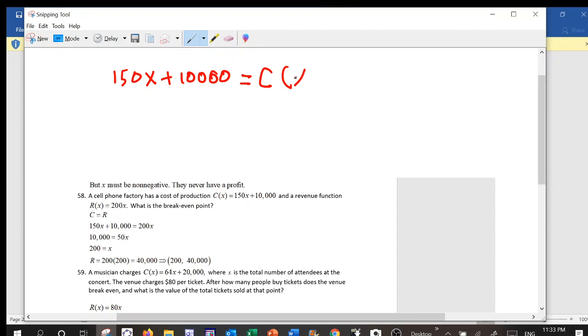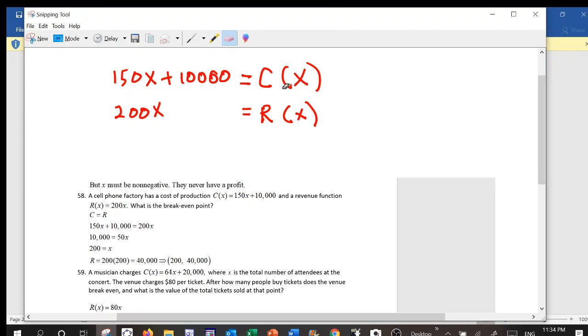So I'm going to write it this way because I want to think of it as a system of equations. And then 200x is our what? Our R of x. Right? Now you can think of these as y's, right? It doesn't matter.